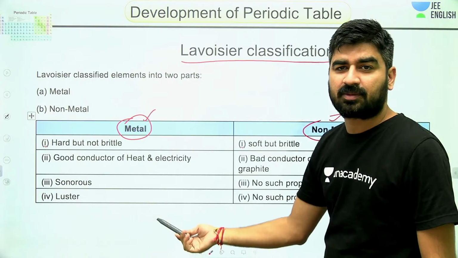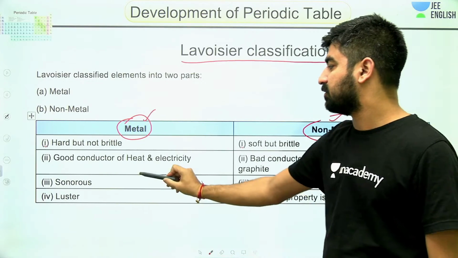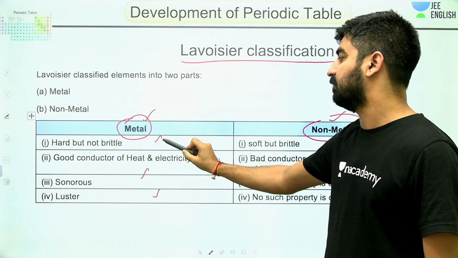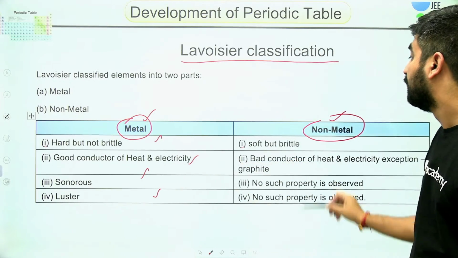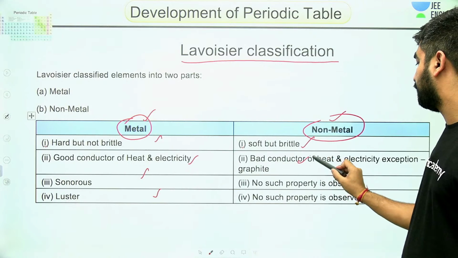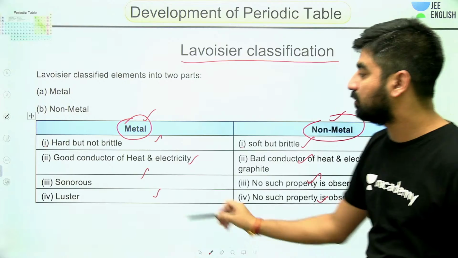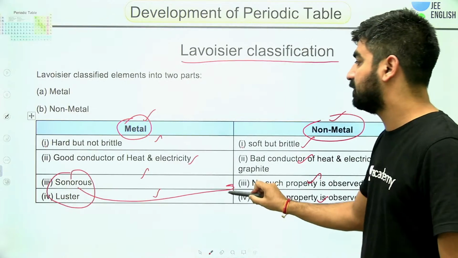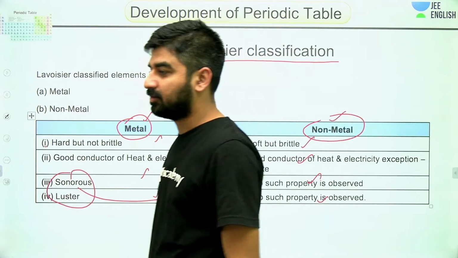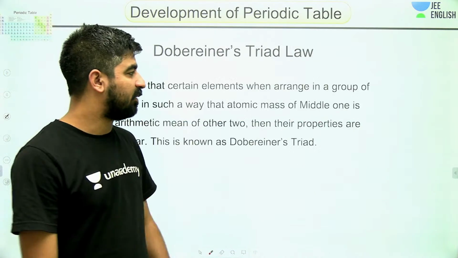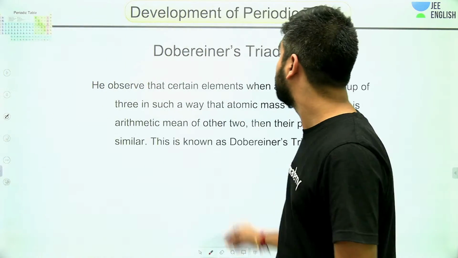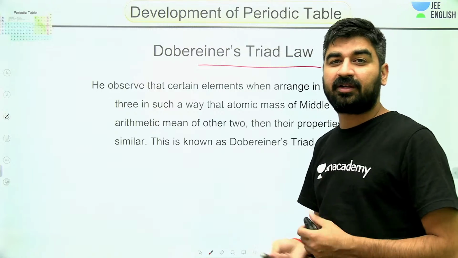He told us about the properties of metals: they are sonorous, lustrous, hard but not brittle, and good conductors of heat. Non-metals are soft but brittle, and bad conductors of heat. No such properties are observed; sonorous and lustrous properties are not found in the non-metals. Got it, guys? Now if I move to the next point, then came the Dobereiner triad.